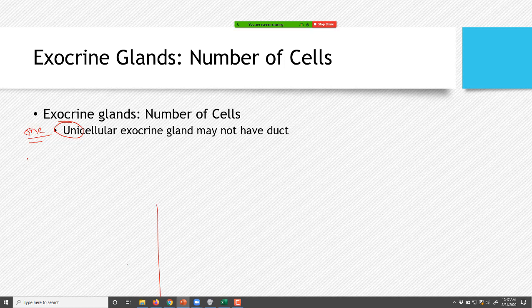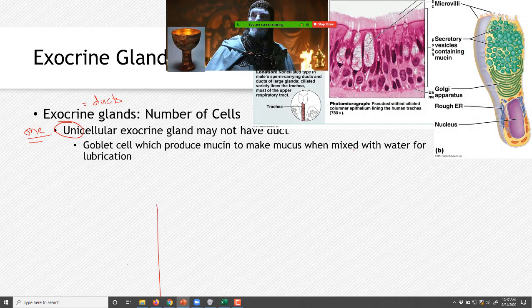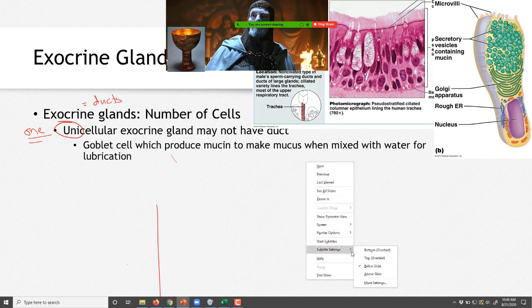But we talked about this earlier. Exocrine glands tend to have ducts. This is the only exception. It may not have a duct if it's unicellular. And the one example that we'll be talking about is the goblet cell. Goblet cells are named because they look like a goblet, like a cup. And you can see it from this histological picture here.